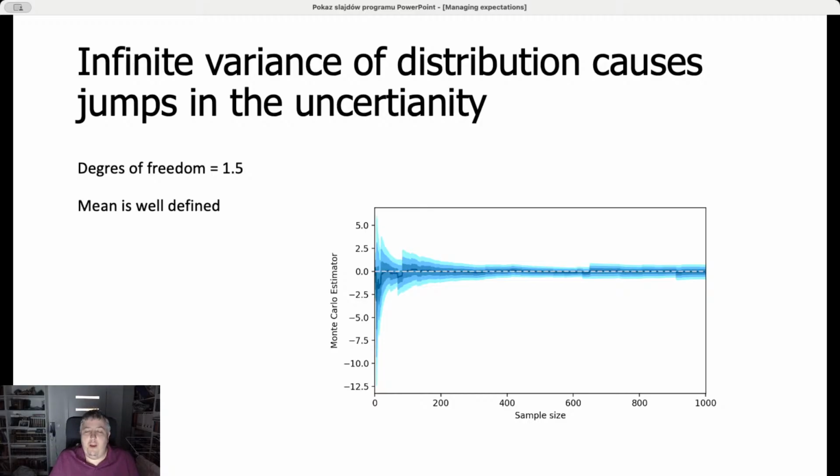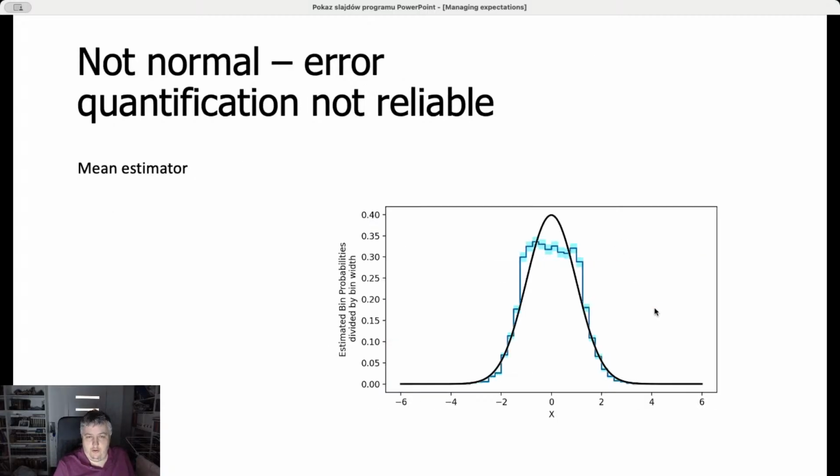So we will get convergence to the value of the mean, but we won't get good, reliable estimators of its variance. We won't get good error quantification.